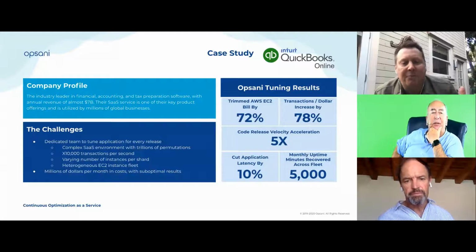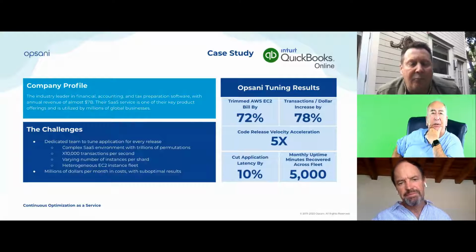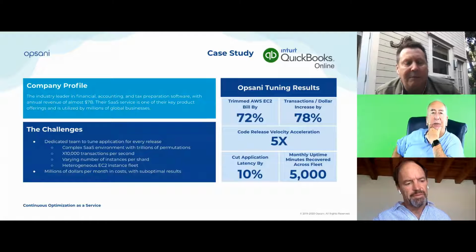And so essentially when we applied Opsani to Intuit, to QuickBooks Online, they actually saw an improvement in their performance, which they weren't expecting. They were expecting performance to basically maintain a steady pace, but they would get a lower spend based on a more efficient use of resources. They actually got both. So they got a performance improvement, and they got a significant drop in the cost based on optimizing the infrastructure underneath and the settings.